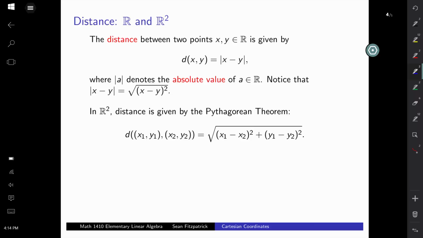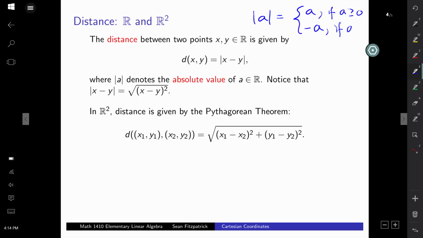So the absolute value function, just to remind you if you haven't seen it before: the absolute value of a number is, if you give it a positive number, nothing happens. So if a is bigger than or equal to 0, it just gives you back a. If you plug in a negative number, it says, I don't want a negative number, I only want a positive number, so it switches the sign.